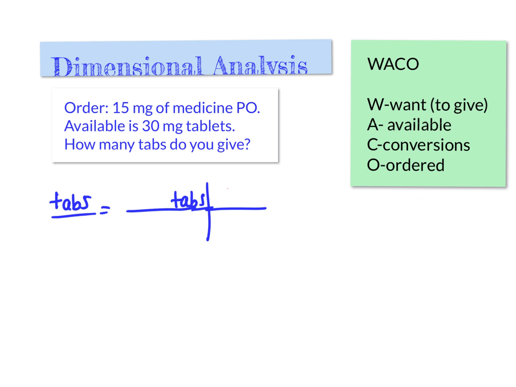And what do I have available? I have 30 milligram tablets. So each one tab is 30 milligrams. Do I have any conversions to do? No, because both of them are in milligrams. So now what is ordered? I have ordered 15 milligrams to give.